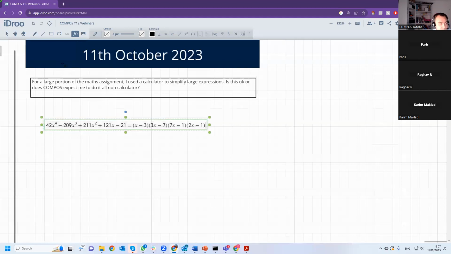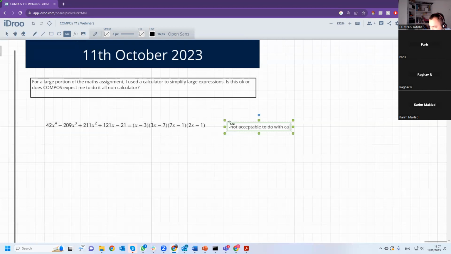Factorizing this is not acceptable to do on a calculator. You have to show your working.